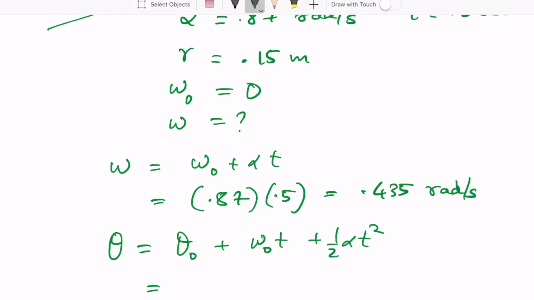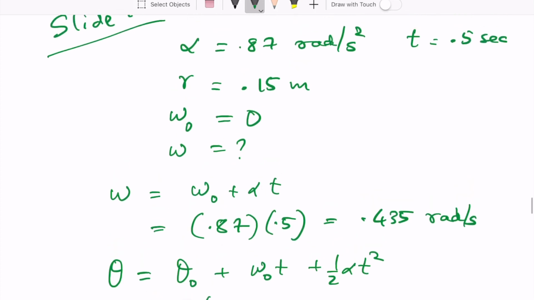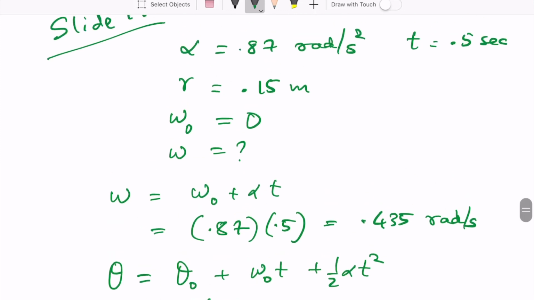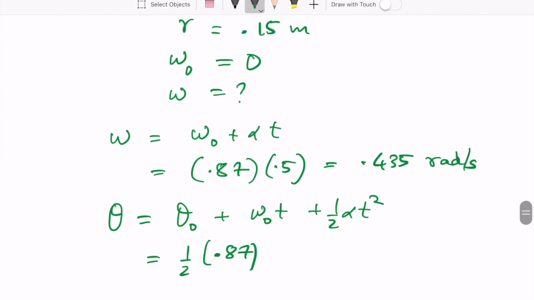So that means the final theta would just be half times 0.87 times 0.5 square. And that would just be 0.018.